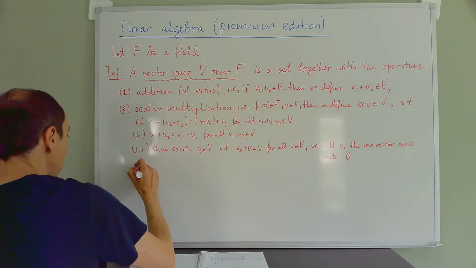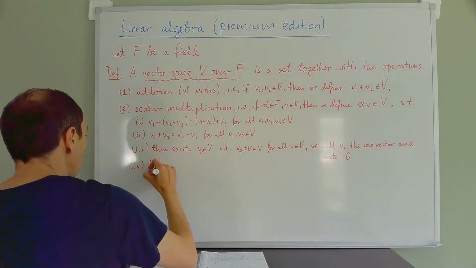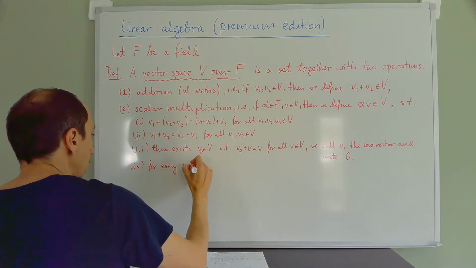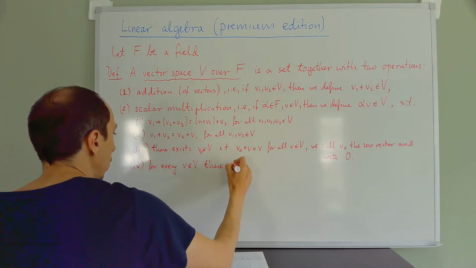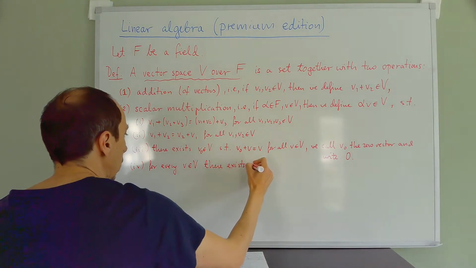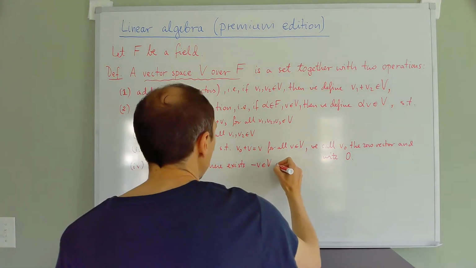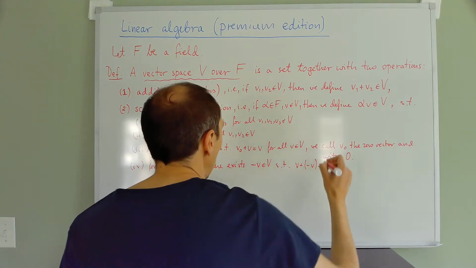Axiom 4. For every V in V, there exists another vector, which I write negative V, such that when I add these, I get the zero vector.